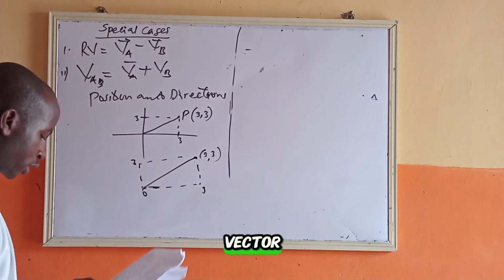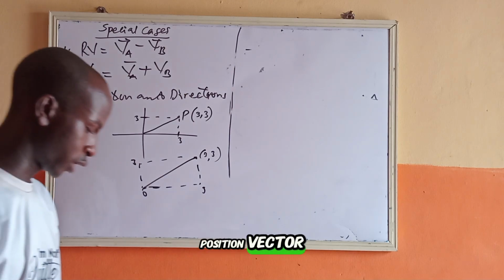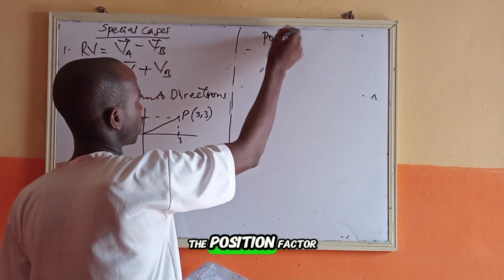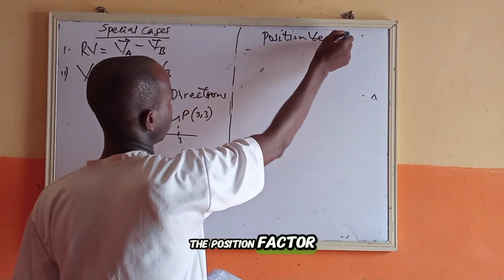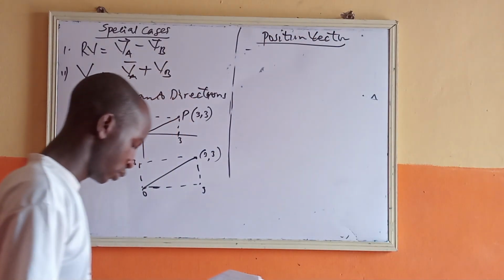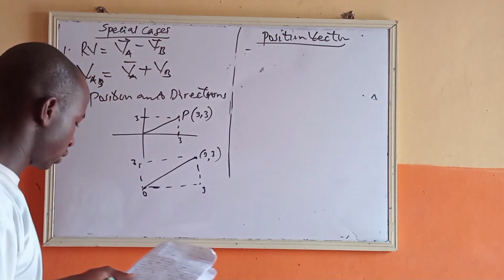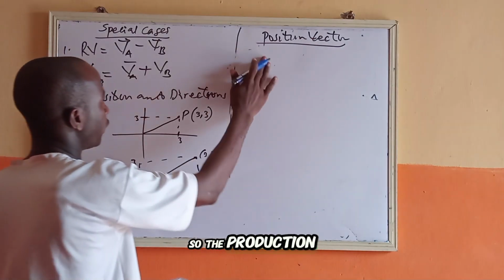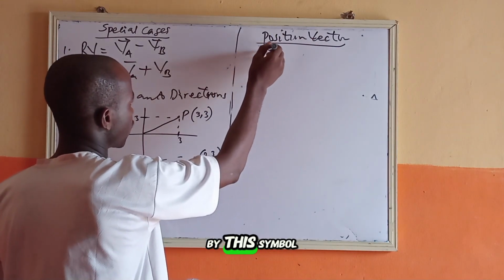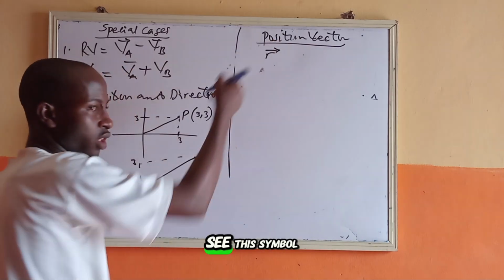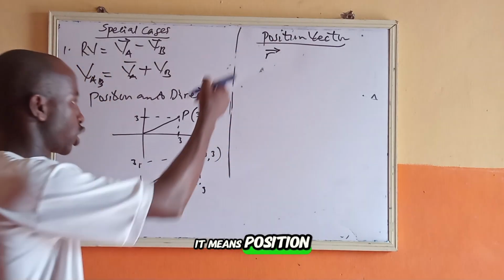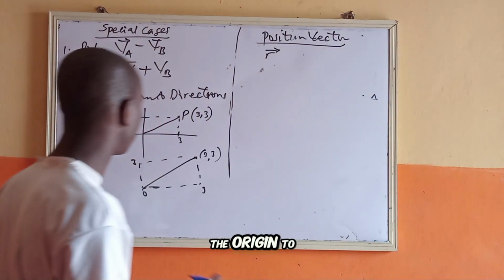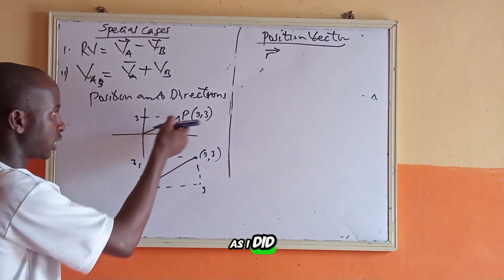So, if you want to find a position vector, the first thing is to represent the position vector by r. The position vector is represented by this symbol. Whenever I see this symbol in physics, it means position vector. It is drawn from the origin to the object, as I did like this.